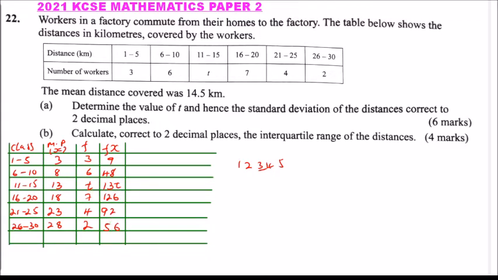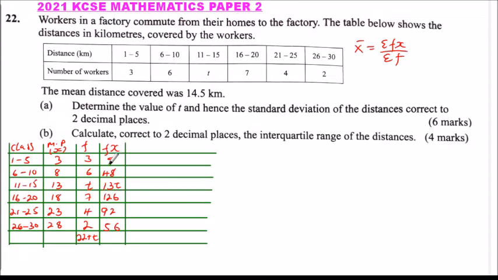So we know that the mean x bar is equal to the summation of fx divided by the summation of f. So we need to sum up f. When you add up f, you get 22 plus t. Of course, we don't know t.